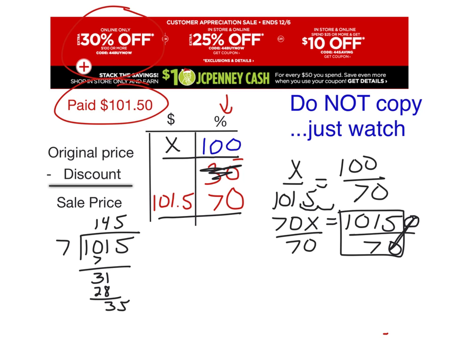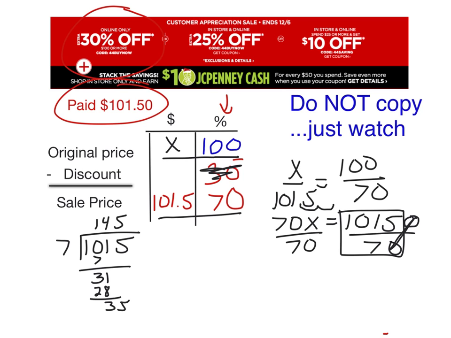So then I know my remainder is 0. So my final answer is original price of $145. You are putting the dollar sign on it because it's in the dollar column.